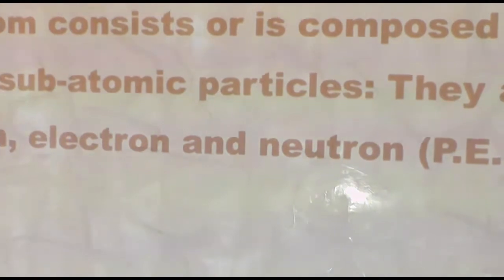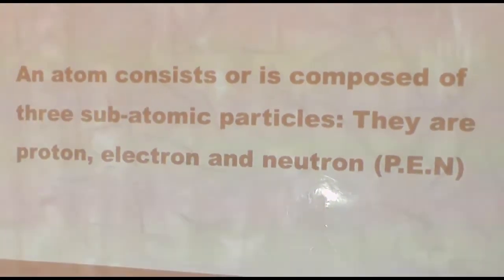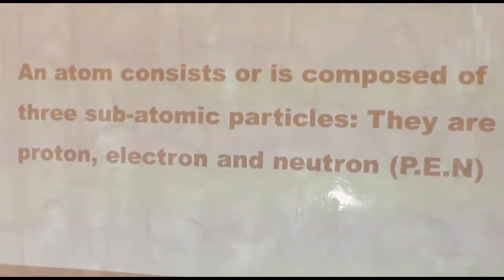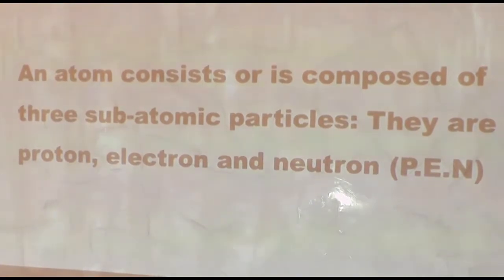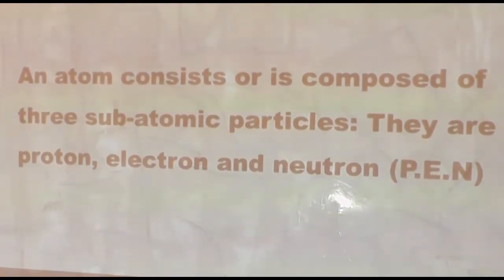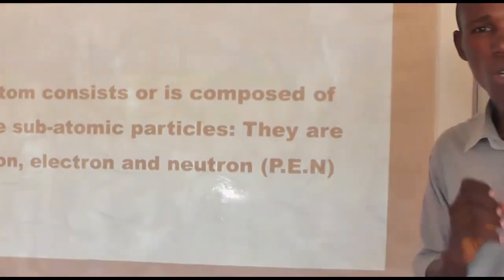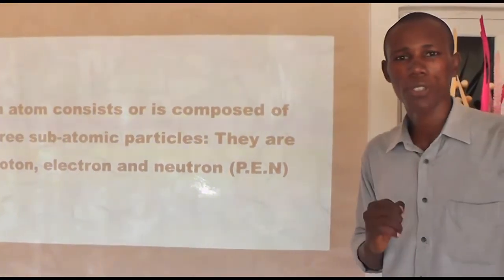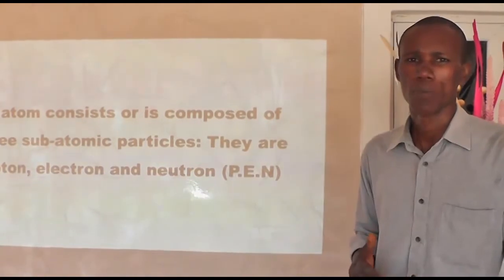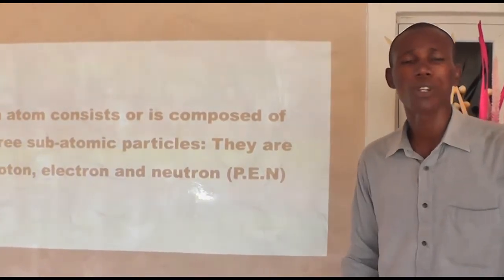Now, an atom is composed of three subatomic particles, which are, just as we have seen, protons, neutrons, and electrons. The order in which they come does not matter.